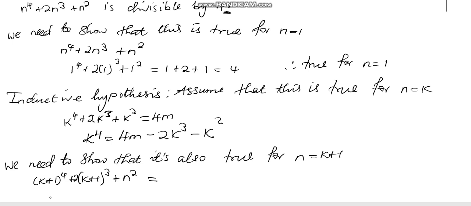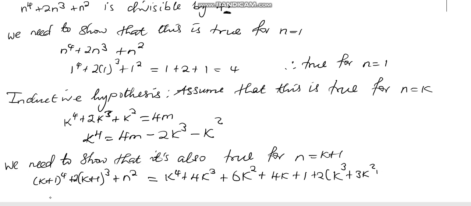Now if we expand k plus 1 to the power 4, we have k to the power 4 plus 4k to the power 3 plus 6k squared plus 4k plus 1. Then the expansion of the next term: plus 2, open brackets, k to the power 3 plus 3k squared plus 3k plus 1.